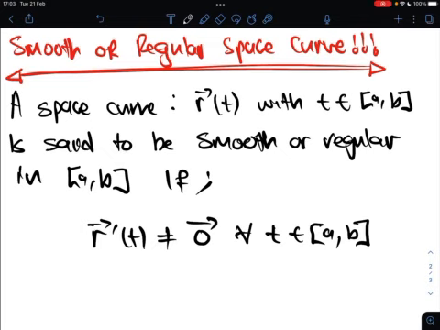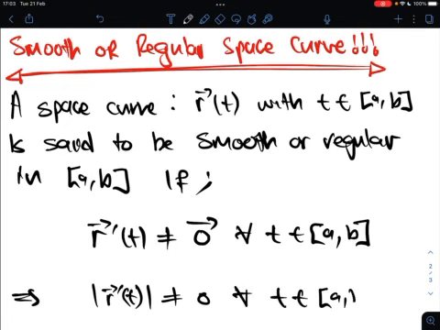So this implies the magnitude of the derivative must never equal 0 for all t elements of AB, of the given interval. So that's what we mean when we say a space curve is regular.